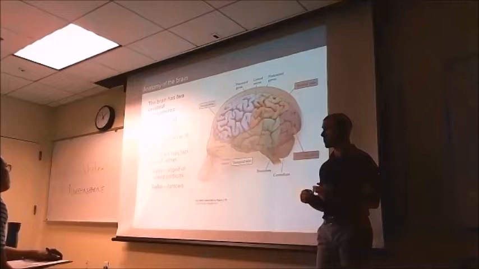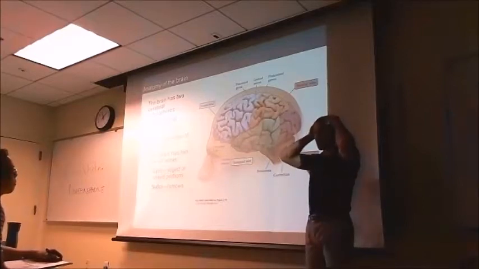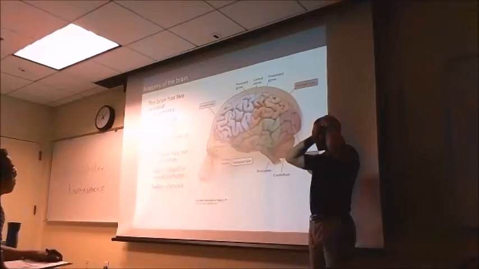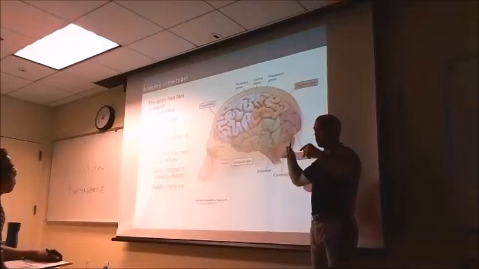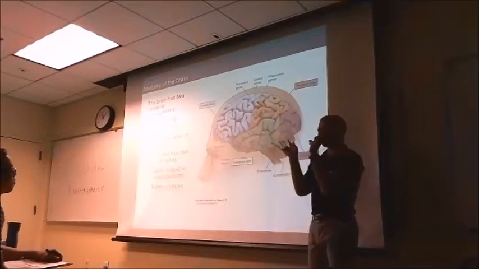Our skulls are bone. You can't really get more. It's a finite amount of space. You can't cram more stuff in there, and it's not going to expand because Gall was wrong. And so as evolution came around, it started folding this neural sheet of tissue so that it could grow more brain cells but pack them in a lot more tightly.